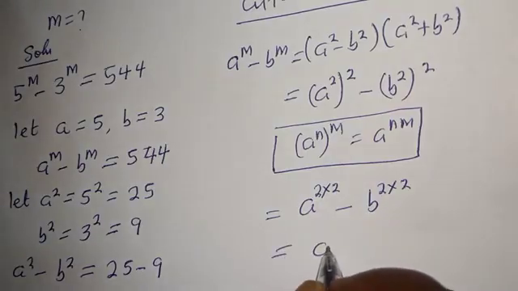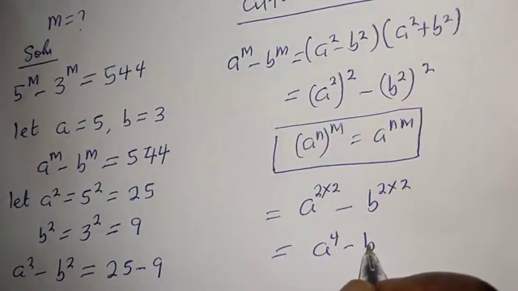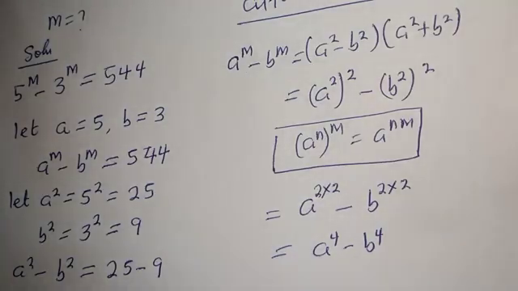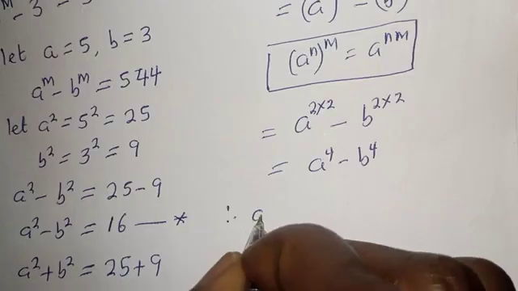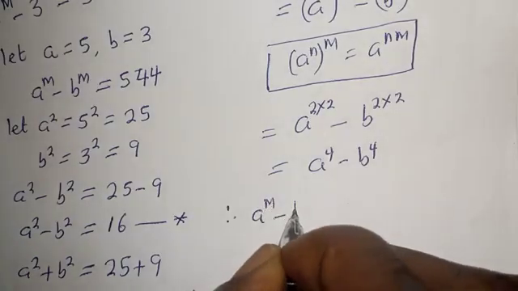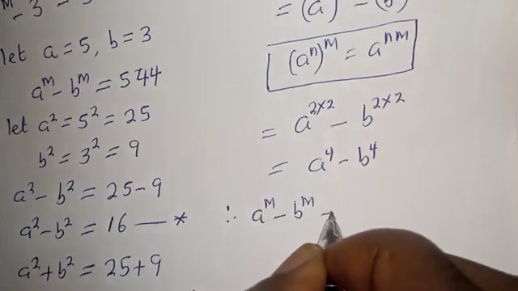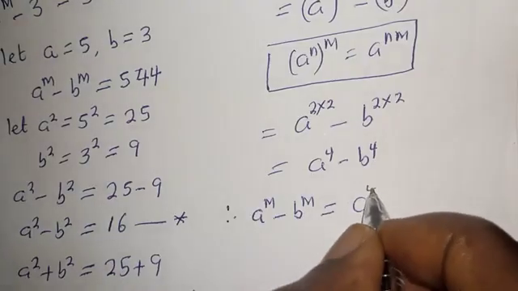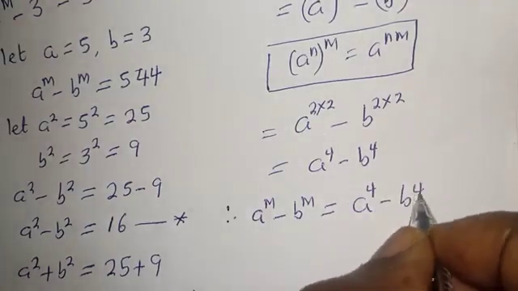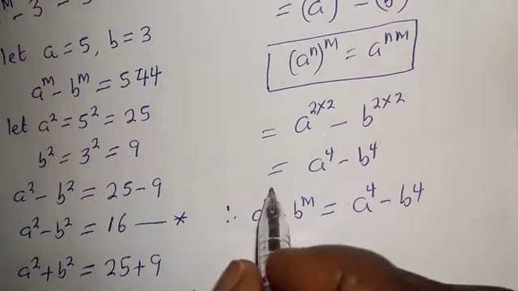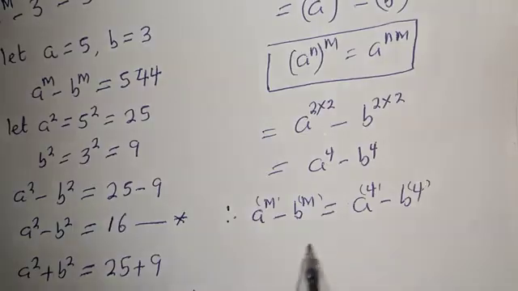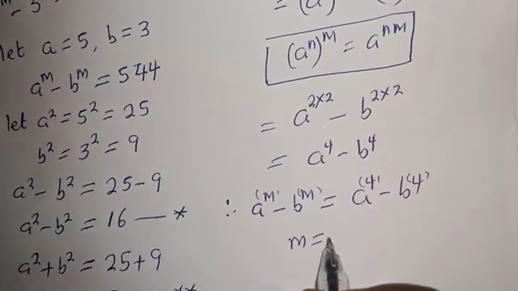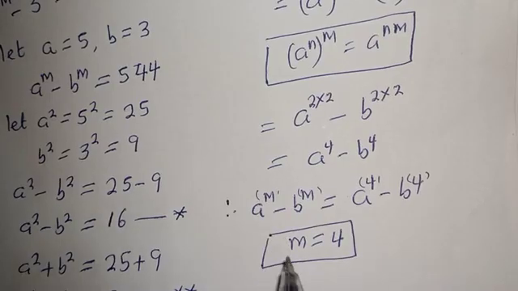This is equal to a raised to power 4 minus b raised to power 4. Therefore, a raised to power m minus b raised to power m is equal to a raised to power 4 minus b raised to power 4. And if you compare the exponents, m is equal to 4, and this is the final answer.